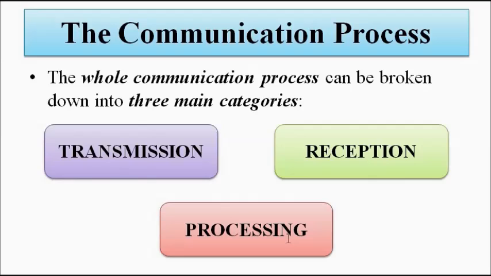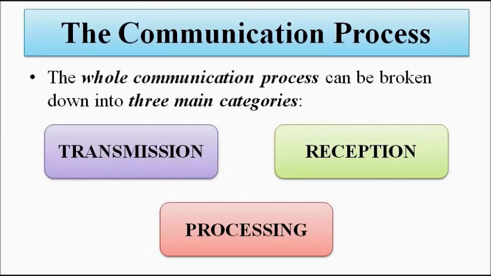The processing of the received data, or at the side of the transmitter, before it is being transmitted, we have to convert it into a suitable form so that it can be easily transmitted. And then at the receiver side, again it has to be processed, analyzed by suitable signal processing techniques, so that we recover the original message or information without any loss or distortion. So these are the three important parts of the communication process.